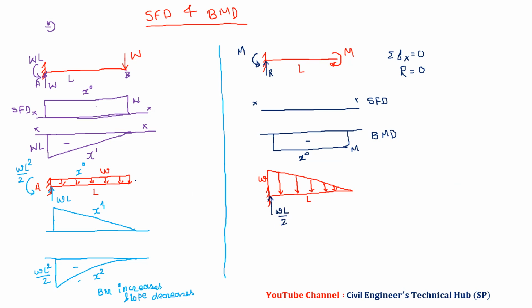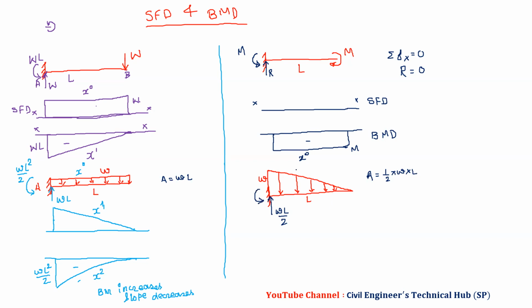Here in UDL, we have a rectangle. So what will be the area of the load diagram? W into L. Now this is a triangle, so what is the area? We have 1/2 W into L, so WL by 2. What will be the bending moment over here?